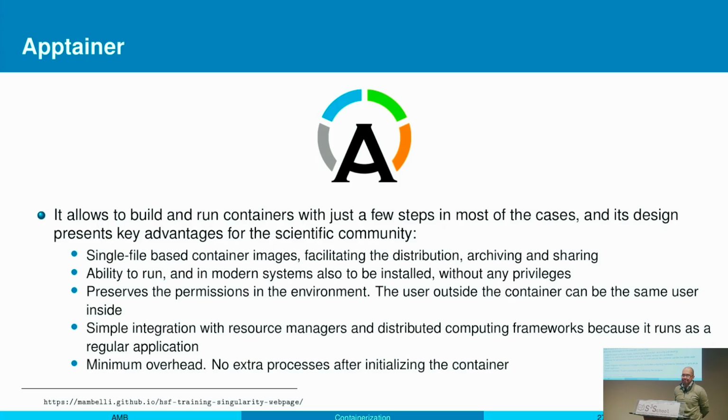It allows you to build and run containers in few steps, in most cases. For instance, it has single file-based container images, which facilitates distribution, archiving, and sharing. It has the ability to run in any modern system, and also to be installed without any privileges.